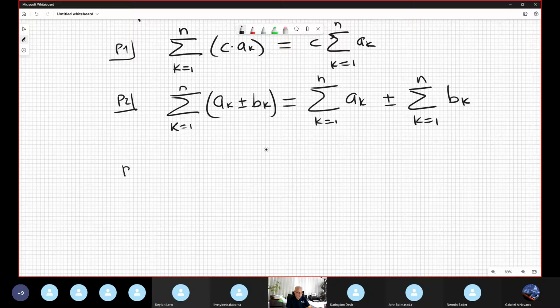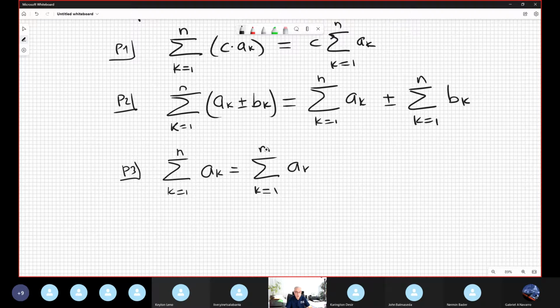And property number 3, which is important but not too much, is when you have one summation that starts at 1 to m of a sub k, and you break it down into the summation from k equal 1 to some number plus another summation from that number plus 1 to m.